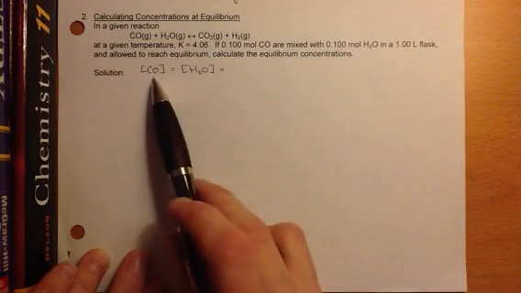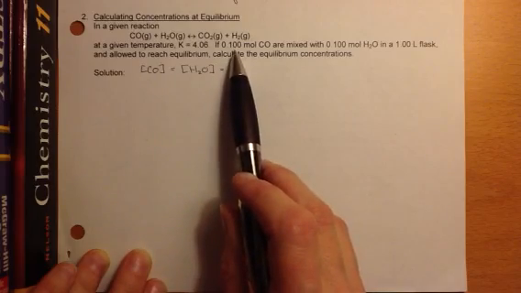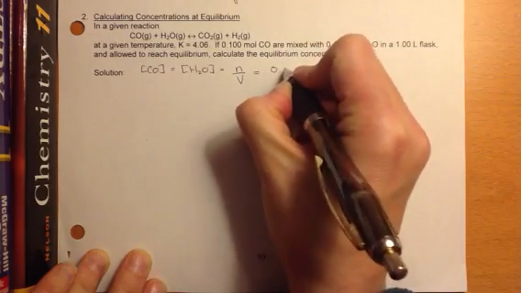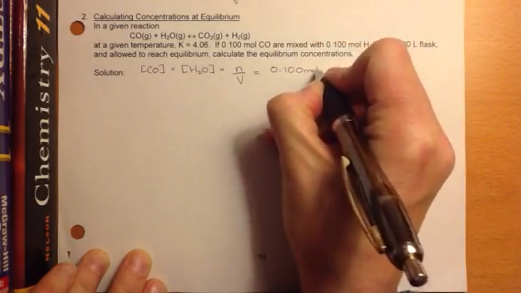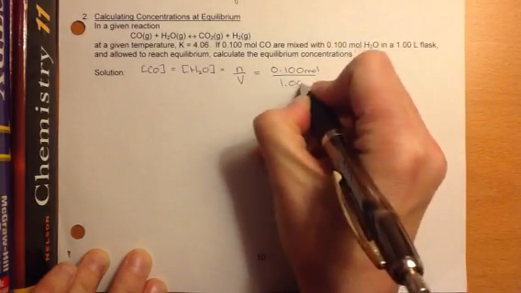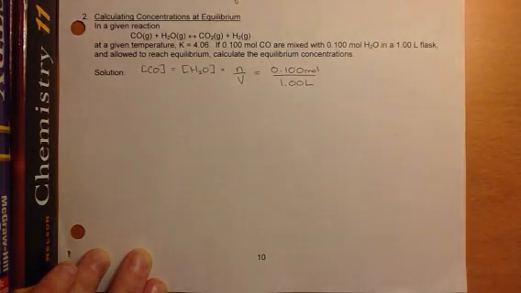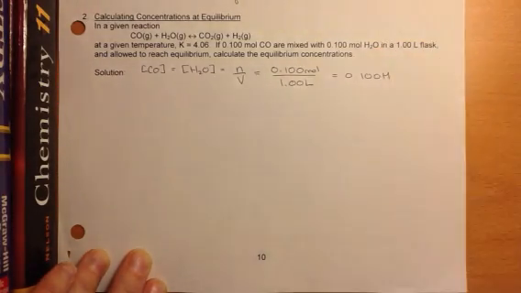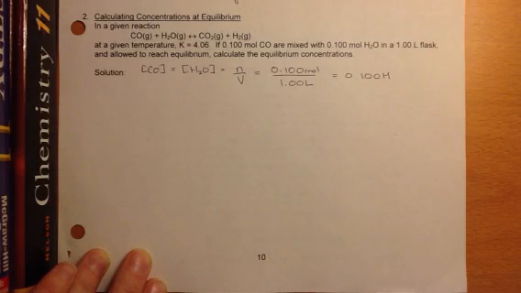I've put that they're equal to each other because we have the same number of moles in the same volume. We take our number of moles and divide by the volume, just as we did in the previous question. We've been lucky here because they've both been in a 1 liter flask. So we have our concentrations at 0.1 mole per liter.